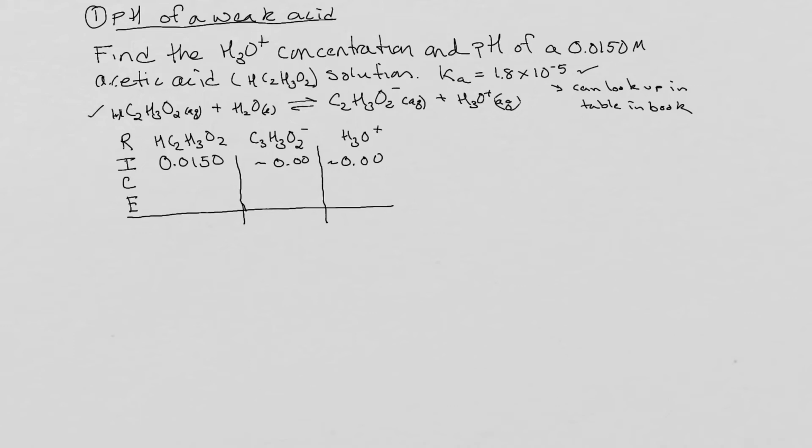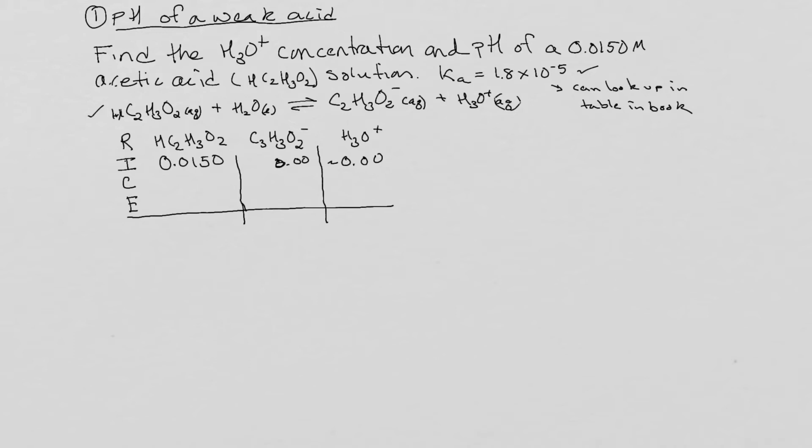These are always written as approximately 0 in the text because, remember, there's always some hydronium present because of the autoionization of water. But in practical sense, there's 0. Let me go back here. We really only need that on the hydronium ion, not on the acetate ion.